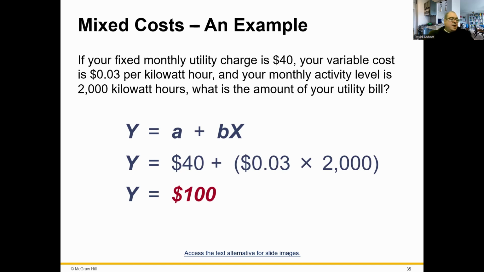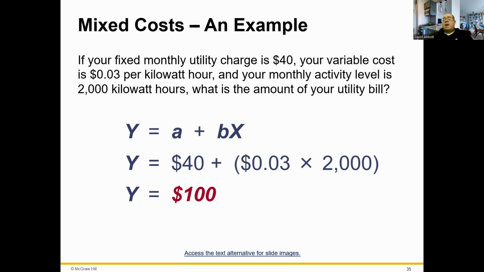Another example you might see is, let's say you have a company and maybe you lease a photocopying machine, and they might say, okay, it is $100 a month to lease that machine. So just to have it in your place, it's $100 a month. And then they might charge 2 cents a copy. And that 2 cents goes to pay for the toner, any parts, service, all of that.